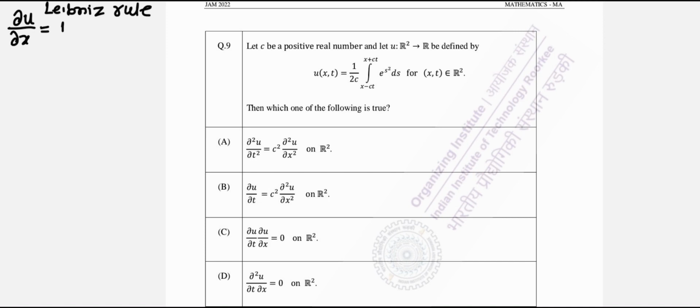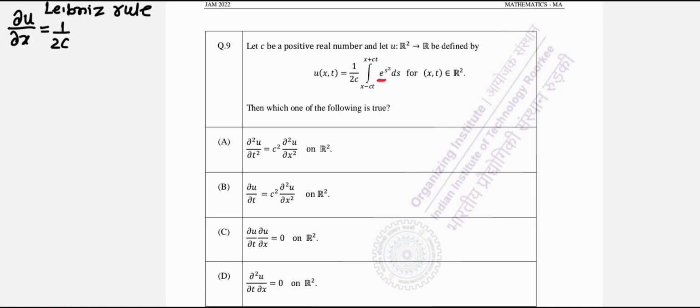You see 1 by 2c, that is constant, so it will remain as it is, and thereafter I will write this thing, replacing s by the upper limit.